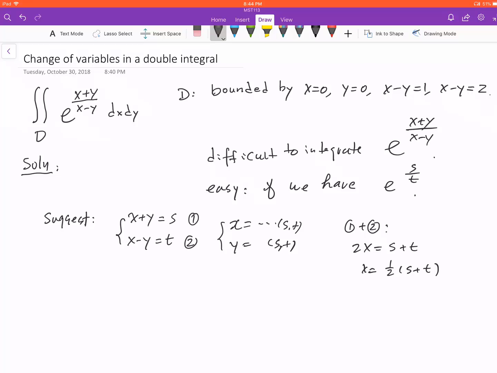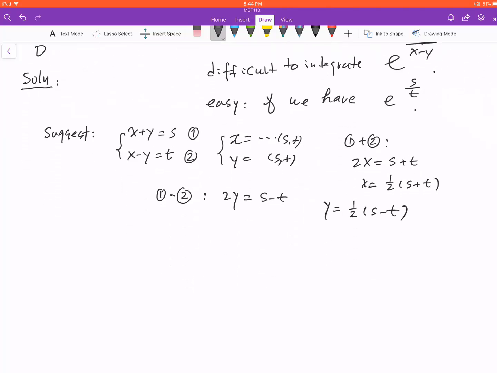Similarly, if we use 1 subtract 2, then we have 2y is equal to s minus t, and then y is equal to 1/2 of s minus t. Okay, so now we have the transformation: x is equal to 1/2 (s plus t), and y is equal to 1/2 (s minus t).